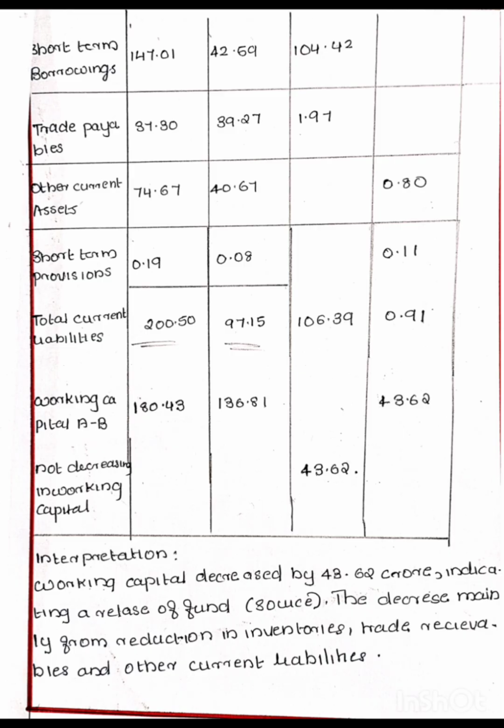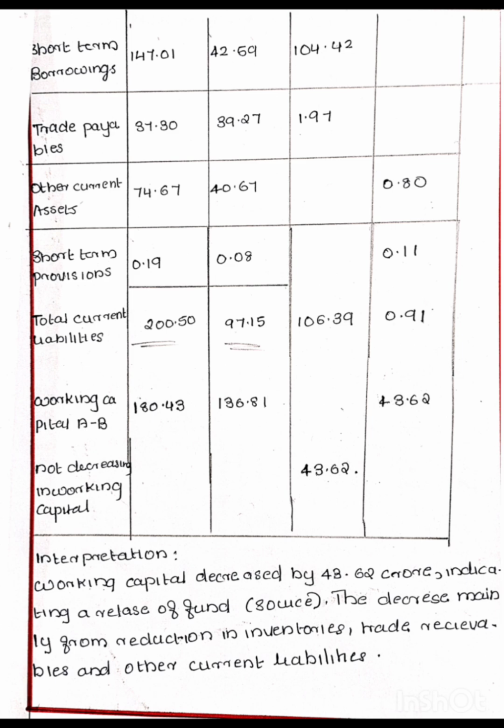Trade payables are 37.30 in the previous year and 39.27 in the current year, also an increase in working capital of 1.97. Other current liabilities 74.67 in the previous year, 40.67 in the current year, decrease in working capital 0.80.